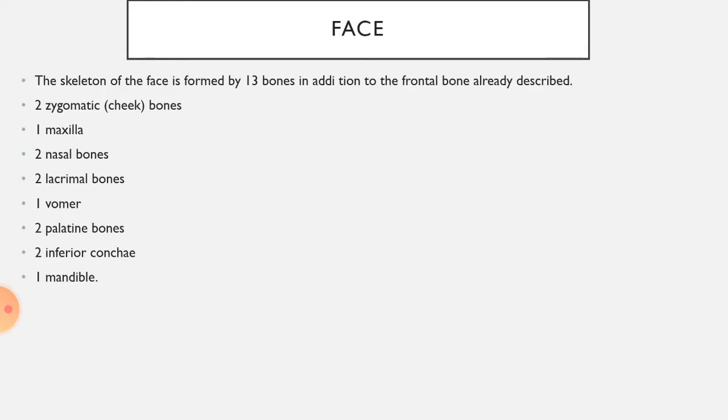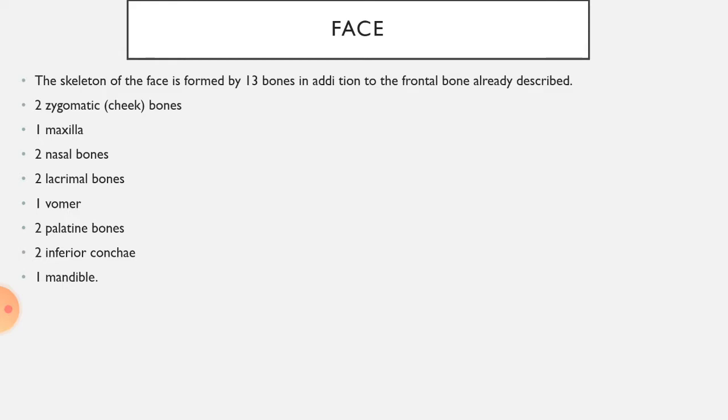Next we have the bones of the face, and there are a total of two zygomatic bones, one on each side. There will be a right zygomatic bone and a left zygomatic bone, both cheekbones. Then is the maxilla, which is a single bone, and it forms your upper jaw.